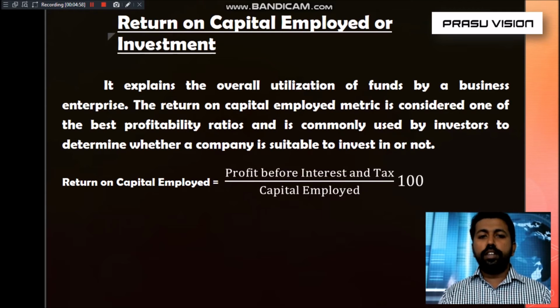It shows a good sign to the organization to decide whether they have to approach more borrowed funds or owner's funds. So the equation for calculating ROI is profit before interest and tax divided by capital employed into 100.